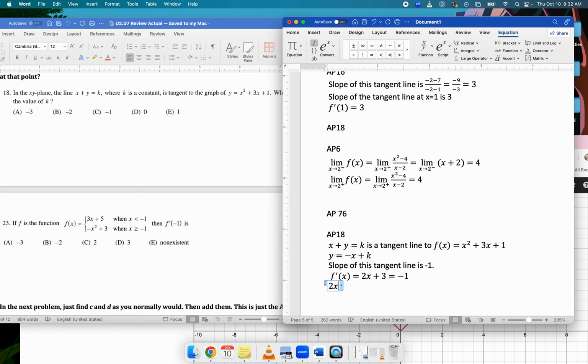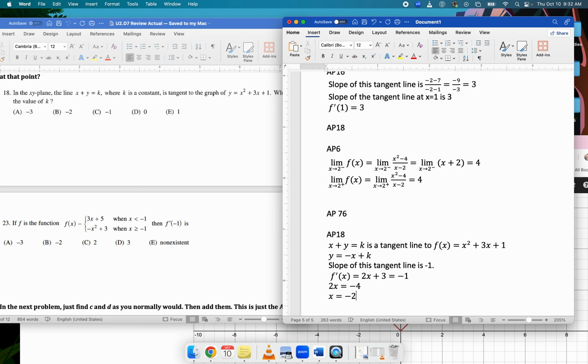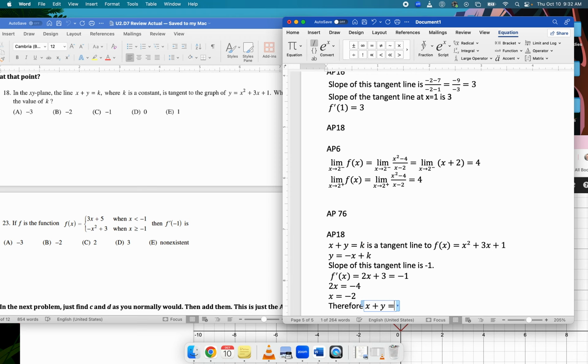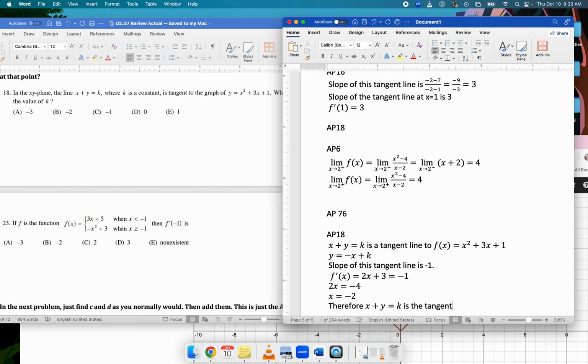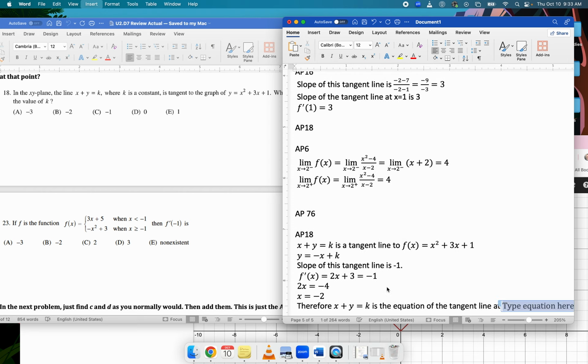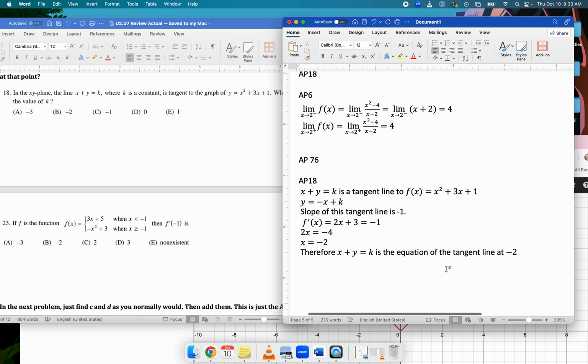So 2x is equal to -4, so x is equal to -2. That's telling me this is the tangent line at x equals -2, because that's where the derivative is -1. So x plus y equals k is the equation of the tangent line at -2. Okay, that's what I know.